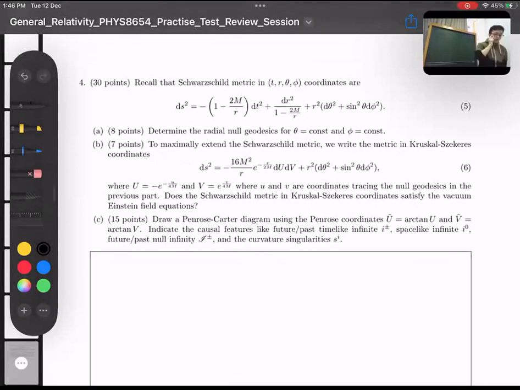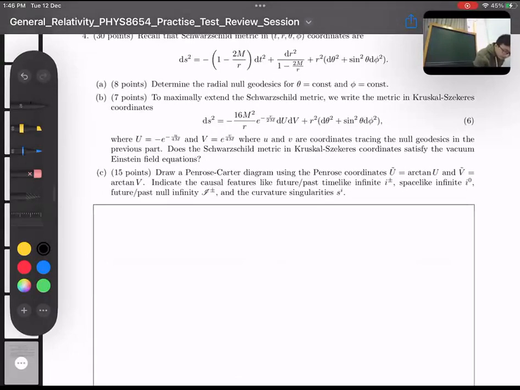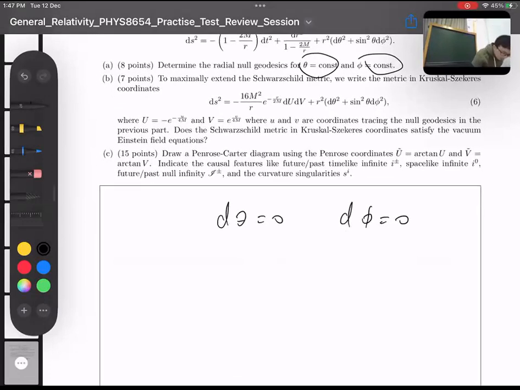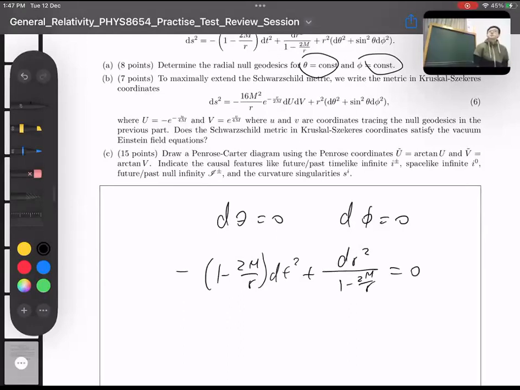And the next one, I don't know how difficult that one is. So this one, I'm sure that he will ask, because if you have a radial null geodesic, so if these two are constant, then d theta equals 0, d phi equals 0. So what you do is just 1 minus 2m over r dt squared plus r squared, this is equal to 0, right?